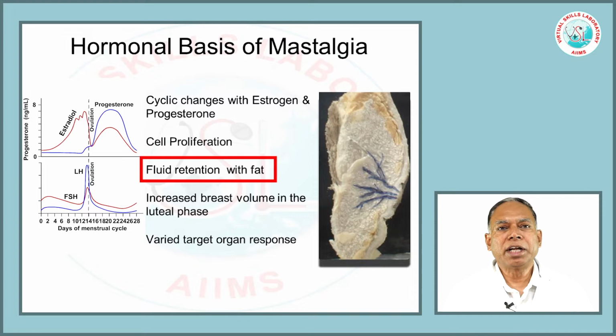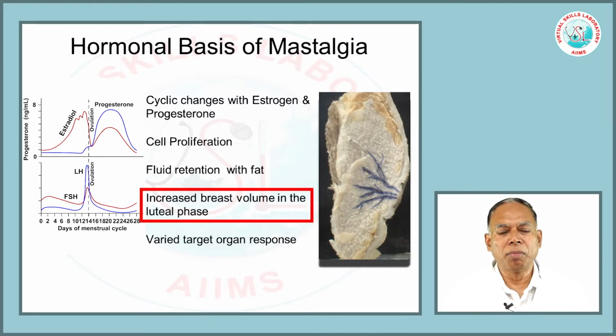Moreover, there is retention of water and fluid in the mammary parenchyma under the influence of progesterone. Similarly, estrogen is responsible for deposition of fat in the breast parenchyma. The net result of all these changes is an increase in the volume of the breast in the luteal phase after ovulation.